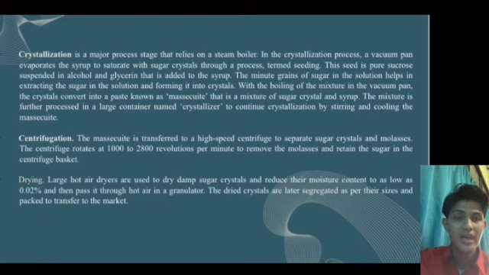Large hot air dryers are used to dry damp sugar crystals and reduce the moisture content to as low as 0.02%, and then pass it through hot air in a granulator. The dry crystals are later segregated as per their size and packed to transfer to the market.